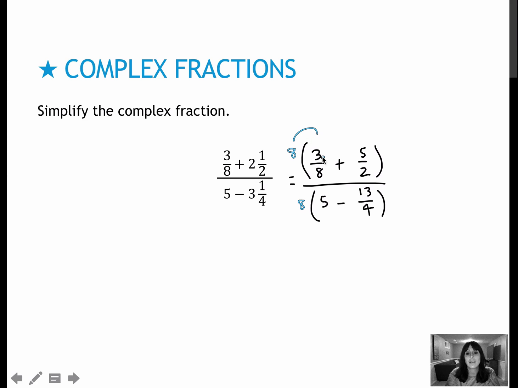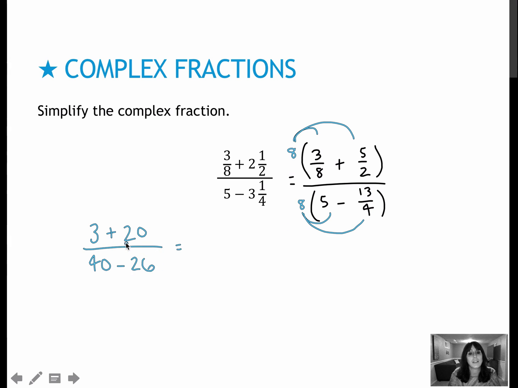If I take 8 times 3/8, I would end up with 3, because 8 times 3 is 24, divided by 8 is 3. If I take 8 times 5/2, 8 times 5 is 40, divided by 2 is 20. 8 times 5 would be 40. 8 times 13 divided by 4 would be 26.